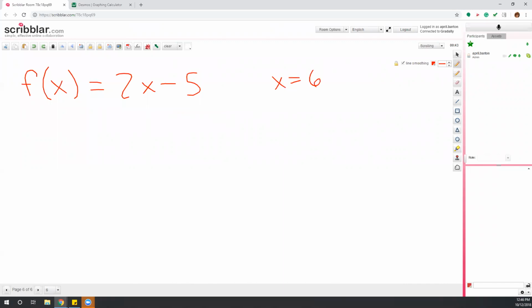So on a problem like this, what they're really asking you to do is find the value of the function when x equals 6. So what they want you to do is actually replace the letter x with 6. This notation, this f of 6, it looks really weird, but it's trying to tell you to plug 6 in for x.